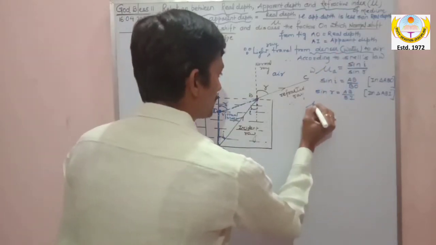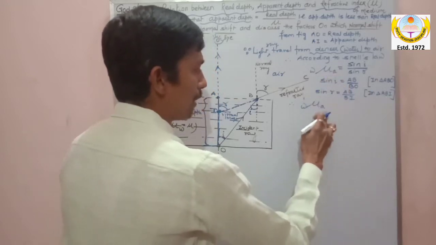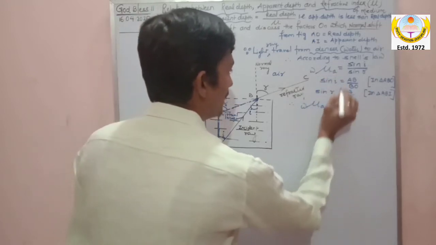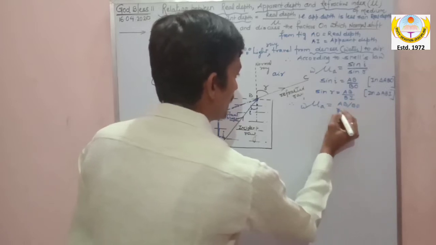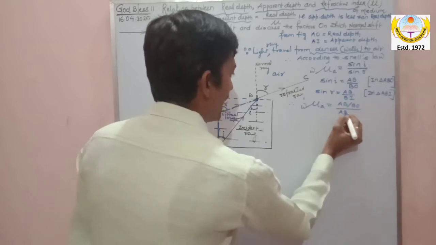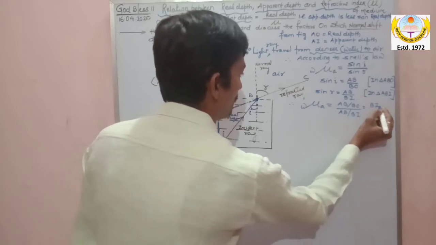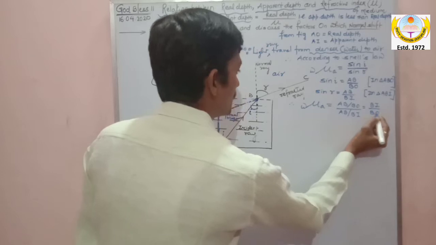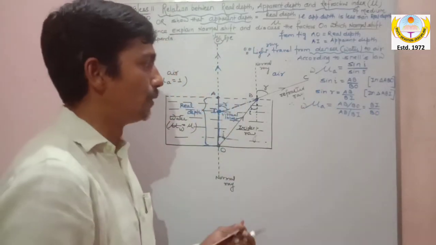Therefore, what is mu of air with respect to water? Mu of air with respect to water is sin I by sin R, that is AB upon BO, whole divided by AB upon BI. So this will be BI upon BO. I hope it is clear till here, because AB and AB cancel. Are you clear with this?